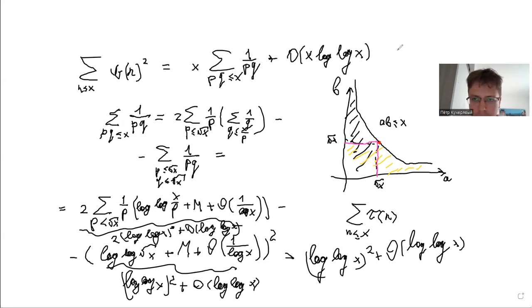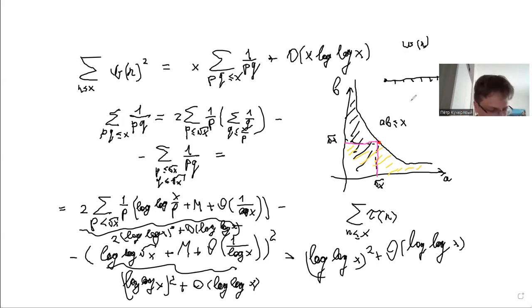Let us consider small omega of n as a random variable which takes values from 1 to x, x an integer, and each integer value is taken with the same probability, 1 over x.